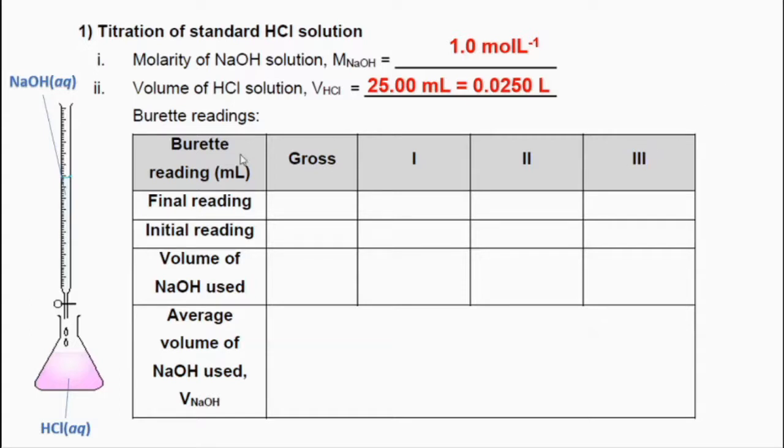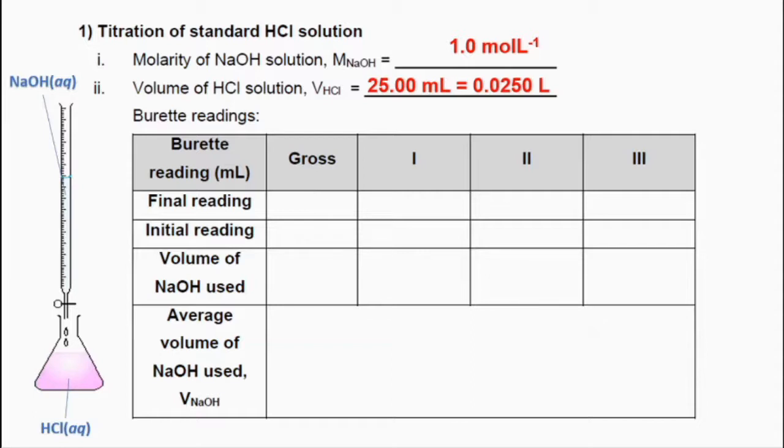Then you're going to complete this table. This is the same table as in your previous experiment, experiment 2. Firstly we start with the gross readings. These are just examples of data, so you need to use your own data.